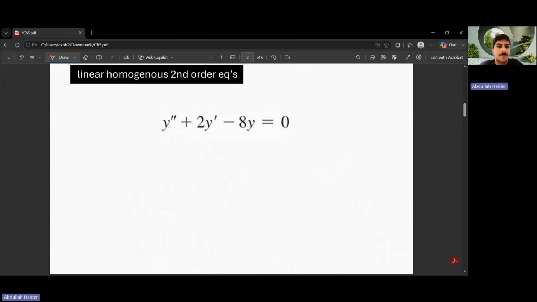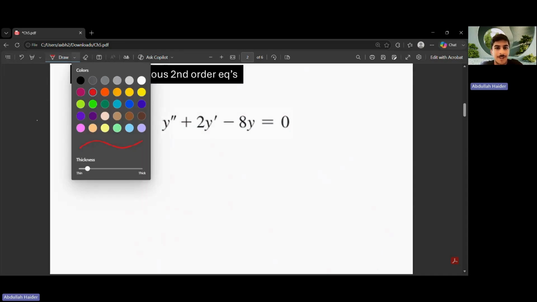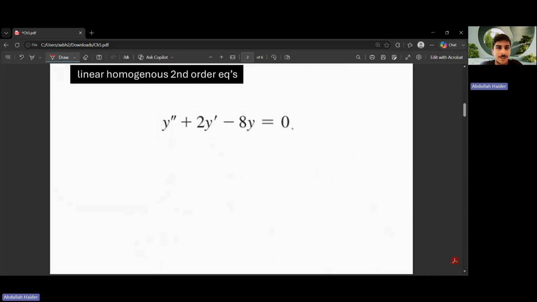Whenever you have a second order equation on the left side and a 0 on the right side, to solve this kind of equation, you need to convert this into an auxiliary equation.